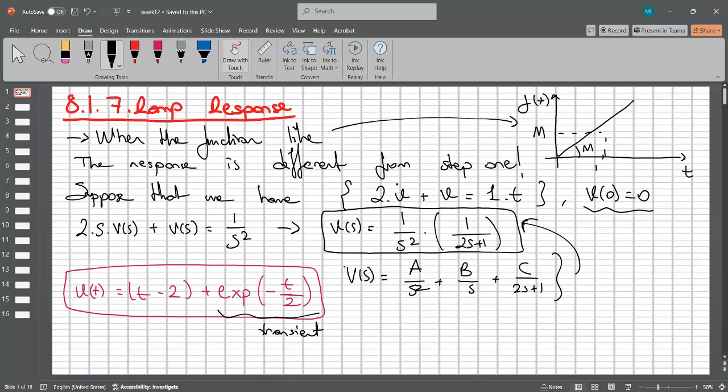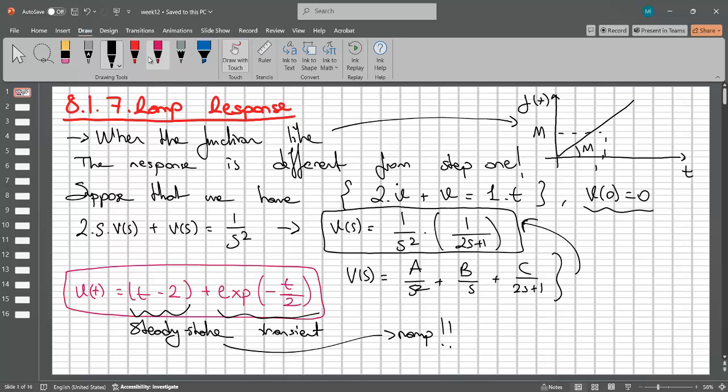And so if t is going to infinity, this goes to 0. And what about this? This is steady state, but not a constant steady state right now, right? We have t. If t is going to infinity, what is the value of v(t)? Yes. This is called the ramp response.